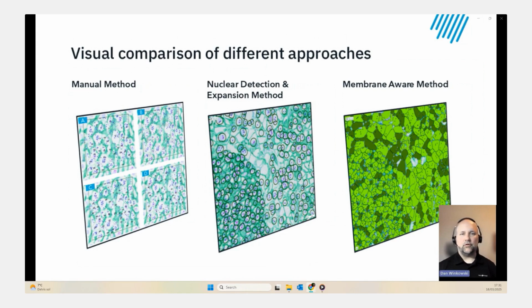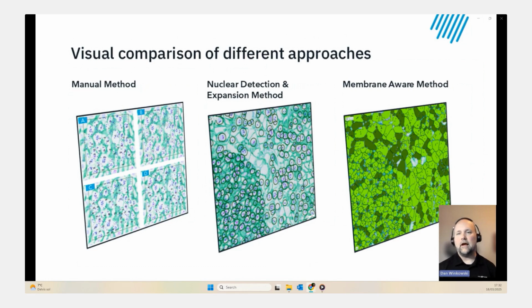And now that we've compared these approaches, let's talk about the implications and why this advancement is so important for spatial biology research. So first, this method will lead to better biological interpretability. When dots are assigned accurately, downstream analyses such as identifying cells, cell types, and gene expression mapping are much more reliable and make a lot more sense. It's scalable, so large-scale studies require automation and reproducible segmentation methods.